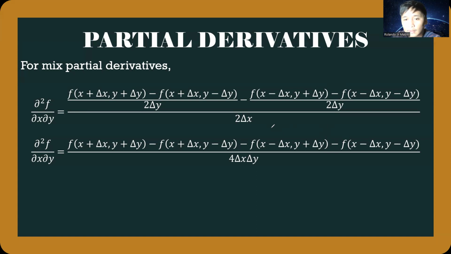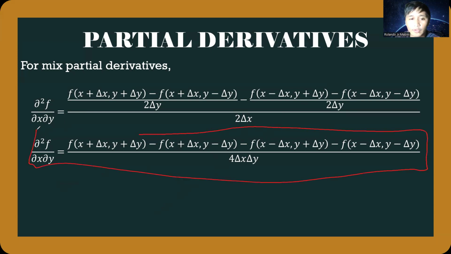And then the denominator basically will become 4 delta x and delta y. So this now is our equation for the mixed partial derivatives.